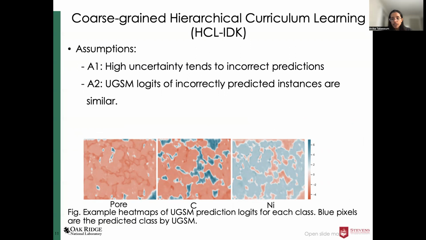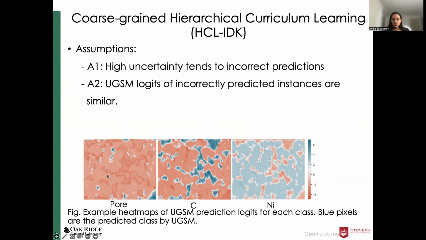Now, this figure shows the prediction probability of each material class per pixel obtained by the global model. The blue values are showing the high probability class for that pixel, and the white or the more neutral values are mostly at the phase boundaries.